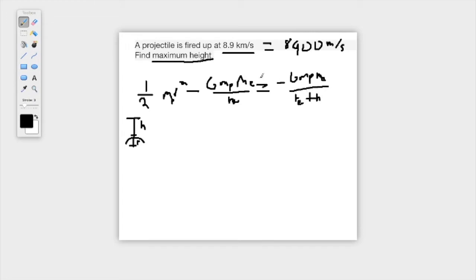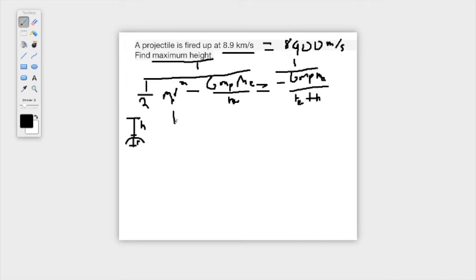So what I'm going to do is divide both sides by 1, because this is like the least ugly way to solve this without adding fractions and such and simplifying everything.